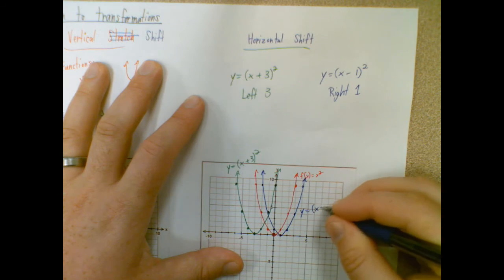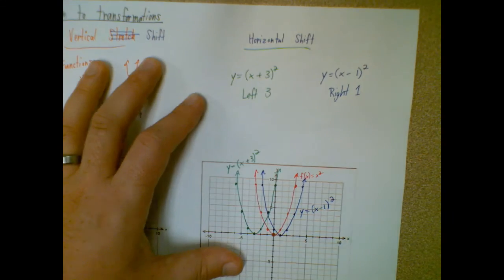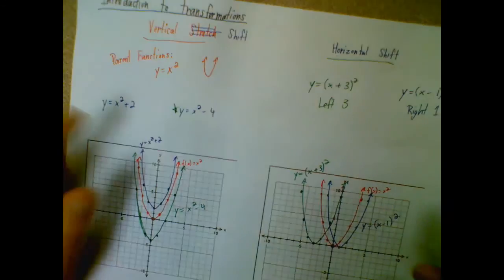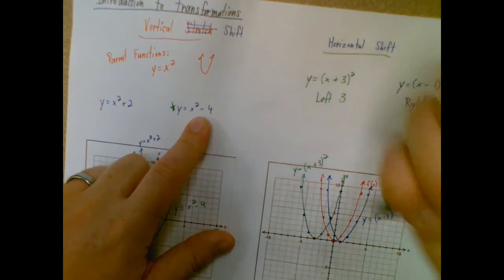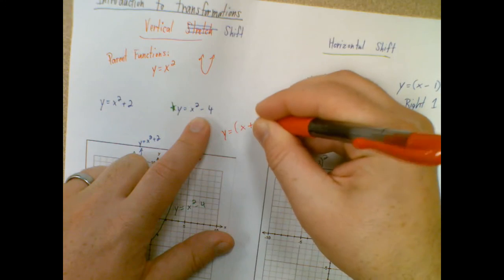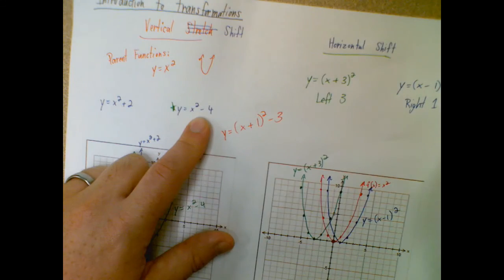Right now we're just learning how to shift these things around, whether we're going up and down, left and right, maybe a little bit of both. Theoretically, you could have something that's in both of them. You might have one that's y equals x plus 1 squared minus 3. If you do this, you'll have 2 steps.